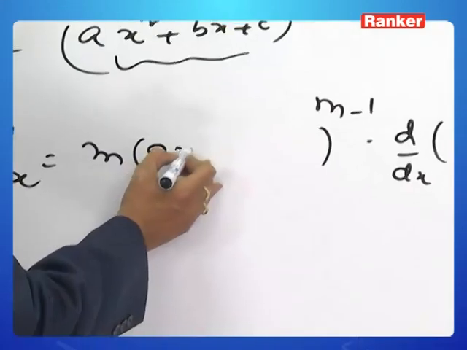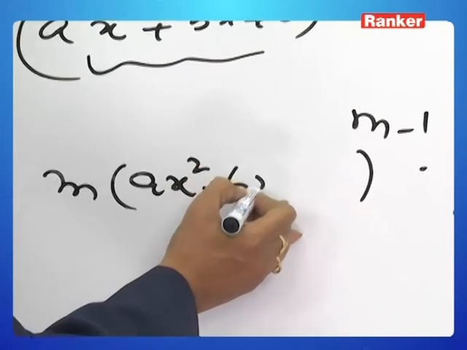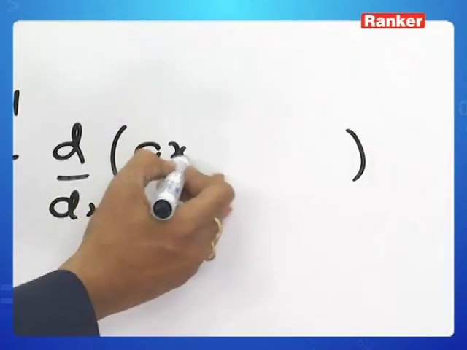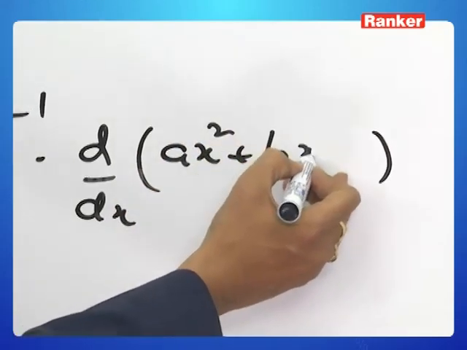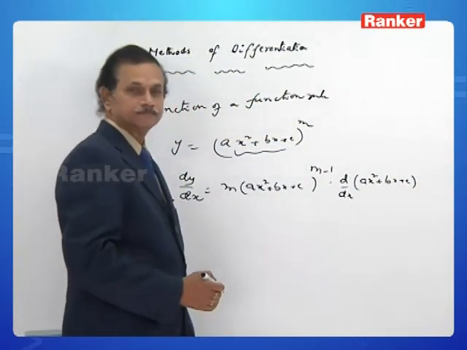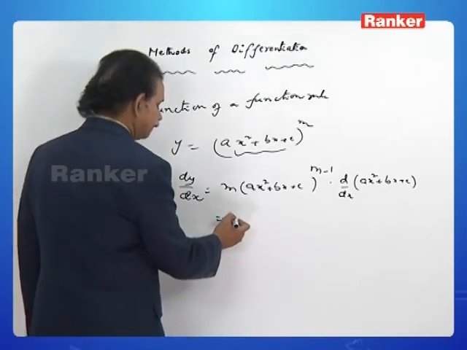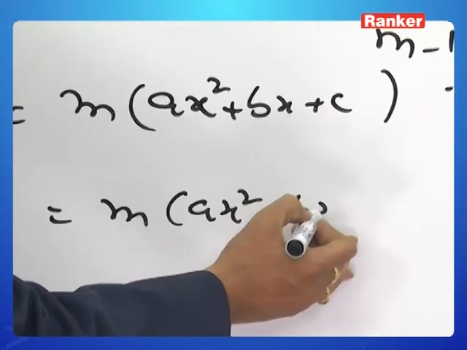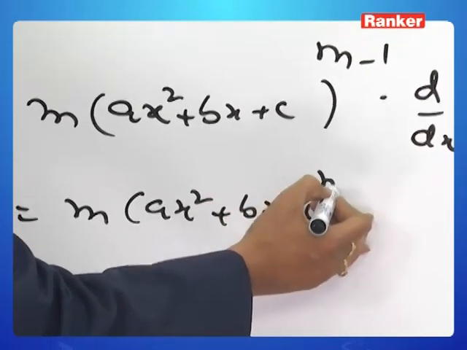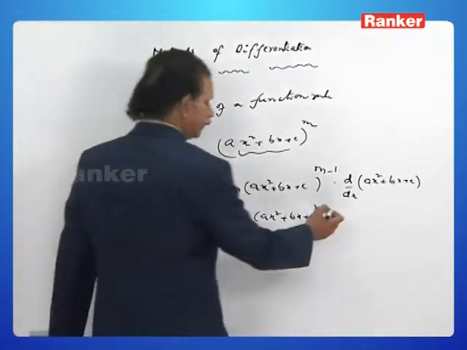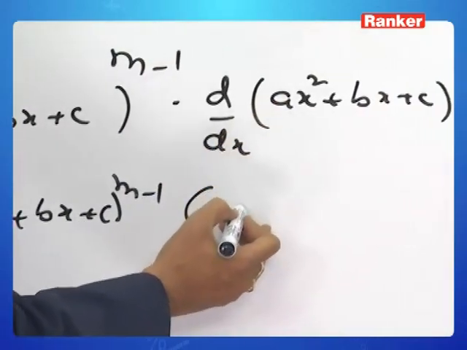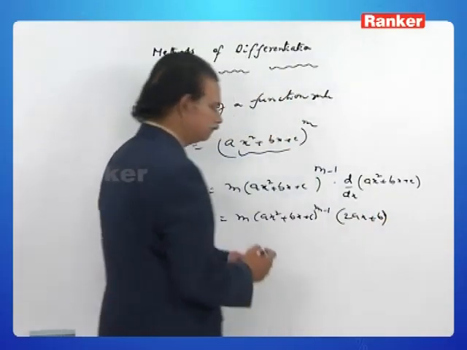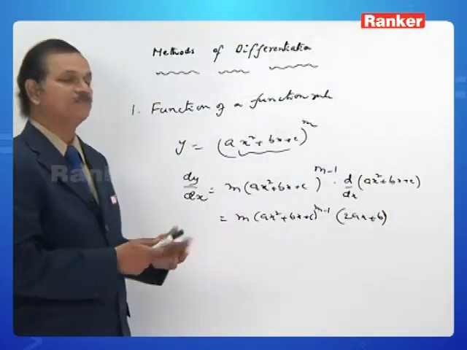Therefore, into dy by dx of ax square plus bx plus c. This is again m into ax square plus bx plus c whole to the power of m minus 1 into, for ax square it is 2ax, for bx it is b, for c it is 0.